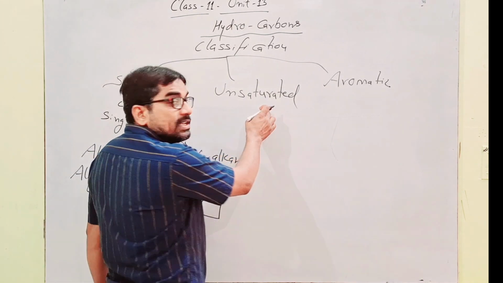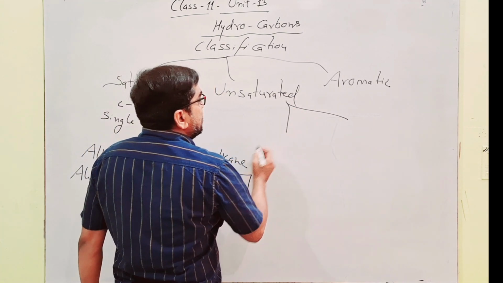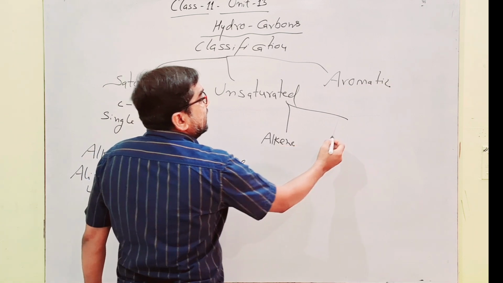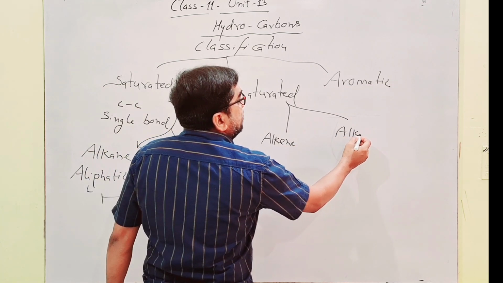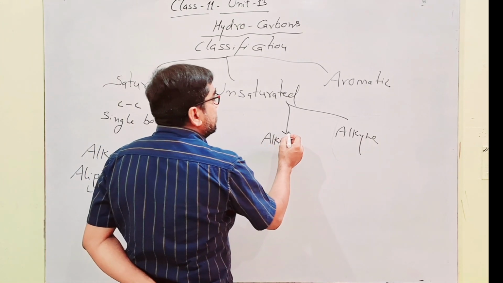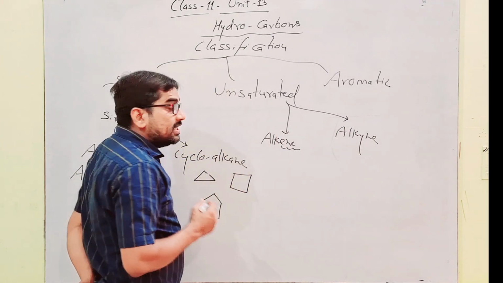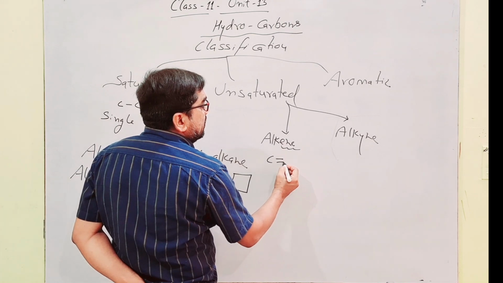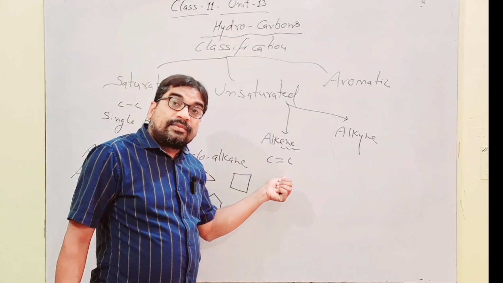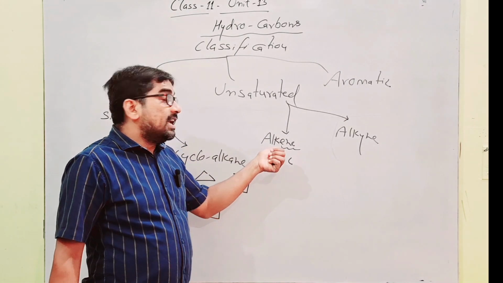Next is unsaturated. Unsaturated are categorized as alkene and alkyne. What are alkenes? We have discussed in nomenclature: when there is 'ene', it means a carbon double bond carbon is present. Hydrocarbons containing at least one carbon double bond carbon are called alkenes.